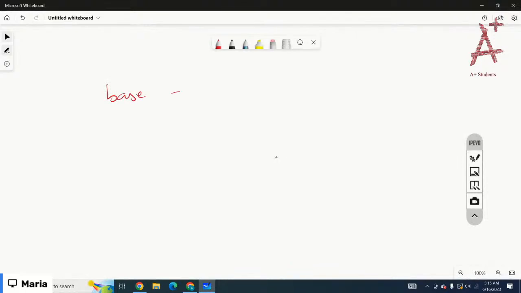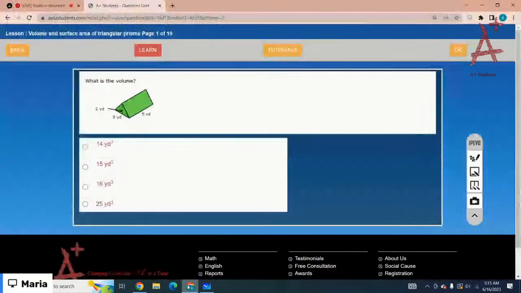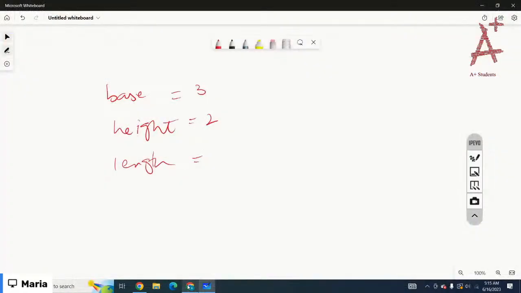Yes, 5. You have to calculate the volume.